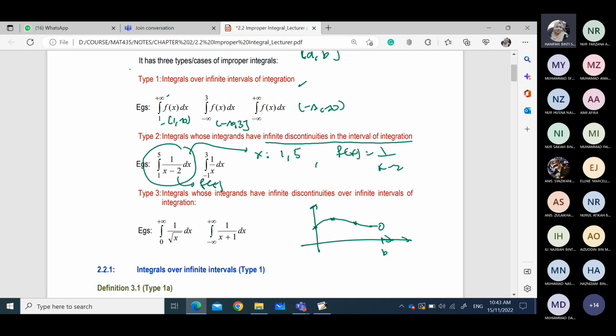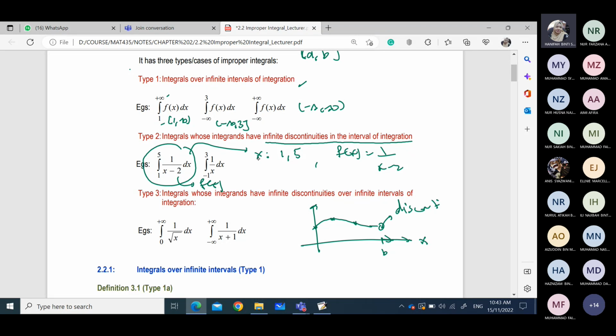Bila you masukkan nilai b ke dalam function, dia ada gap dekat situ, you tak dapat jawapan. So kita katakan this function is discontinuous at x equals b. Yang lain ini adalah semua nilai-nilai x. Itu kita panggil sebagai discontinuity. So ini yang dimaksudkan discontinuity.